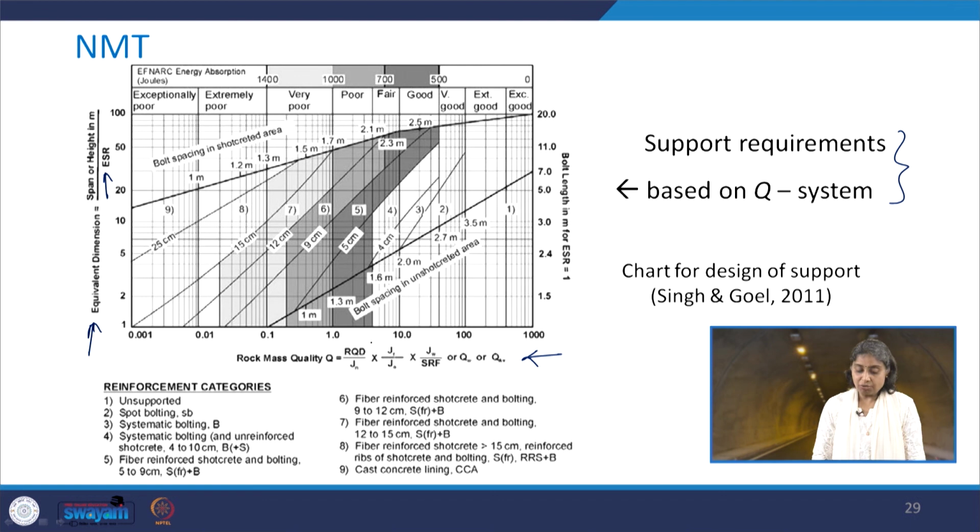So, this is how we can choose the most appropriate support system for a particular condition. Of course, it is based on the Q system. So, you see how these classification systems are applicable in the design of underground excavations.